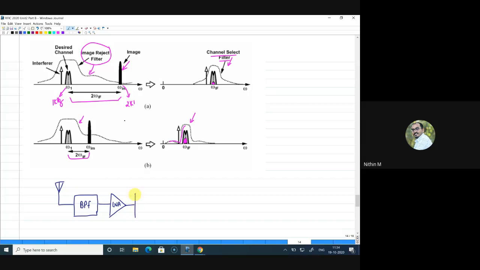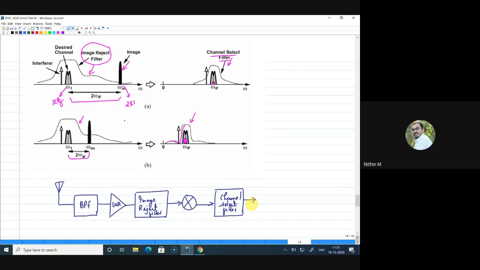That will be followed by the filter we call the image reject filter. After that, we have the mixing operation, followed by another filter, which is a channel select filter. So this is the architecture so far.